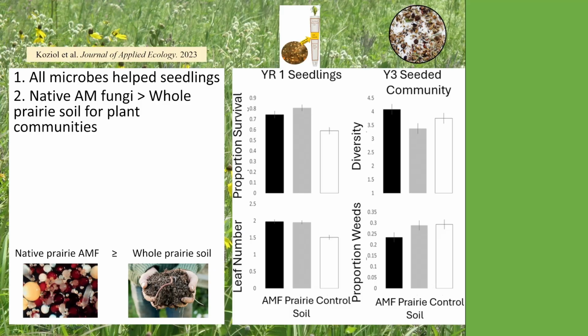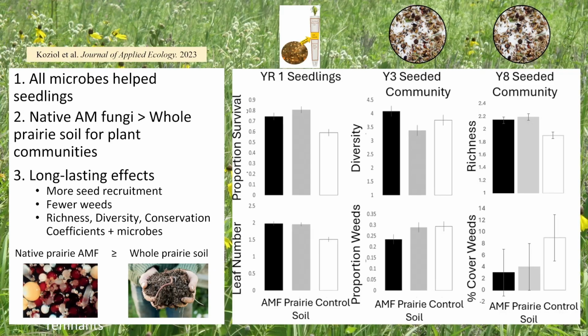We only followed one of these sites a little longer than this. We followed it through year 8, and these patterns persisted. We're still seeing microbes improving richness and reducing weed establishment in these sites. And so these sites were inoculated 1 time 8 years ago, and these patterns of community response are still persistent 8 years later.